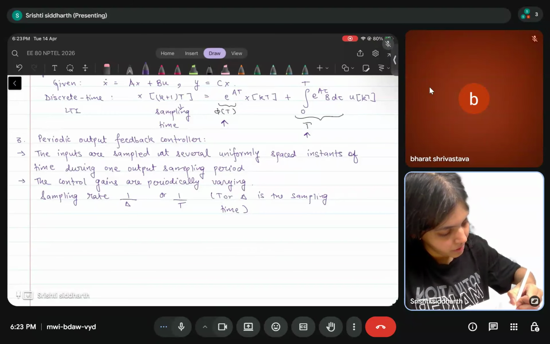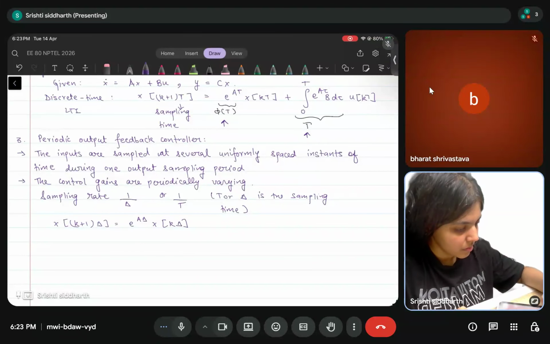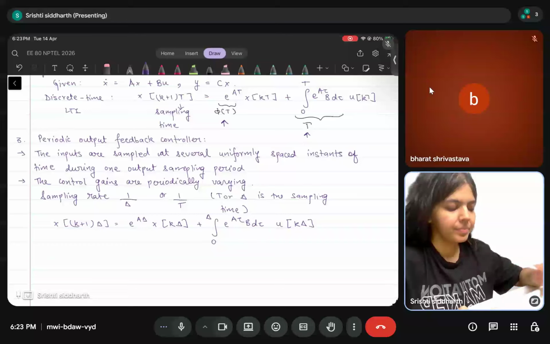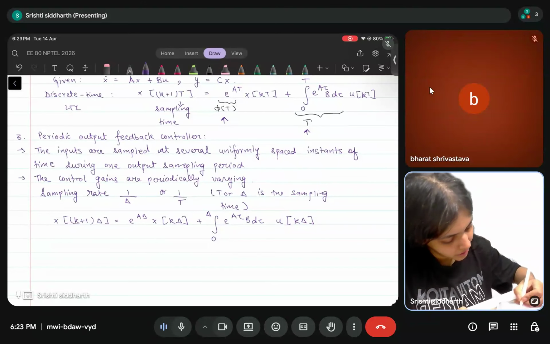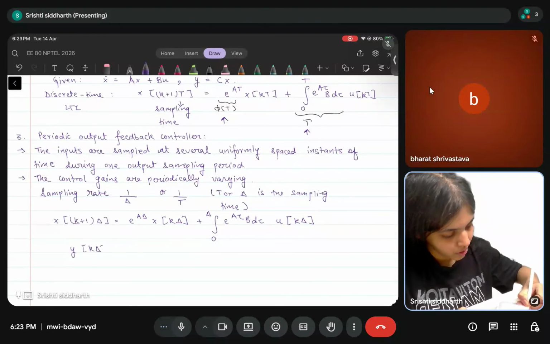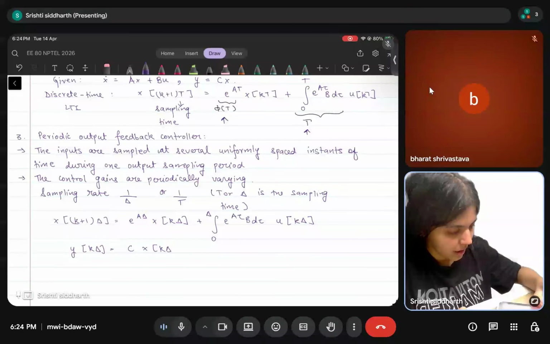If it's delta, we can write it again: x at k plus 1 delta equals e to the power A delta times x at k delta, plus the integral from 0 to delta of e to the power A tau B d tau times the input at k delta. Similarly, the output would be at k delta because we have the state at k delta, so it's C times x at k delta.